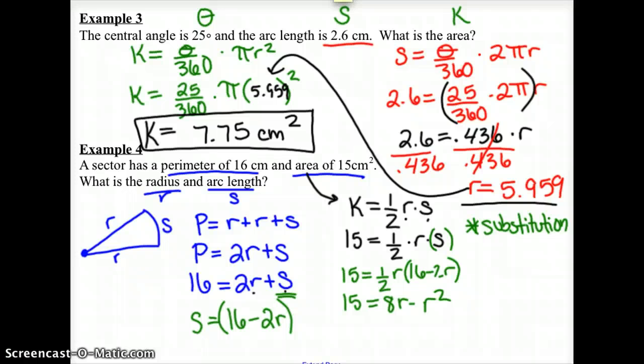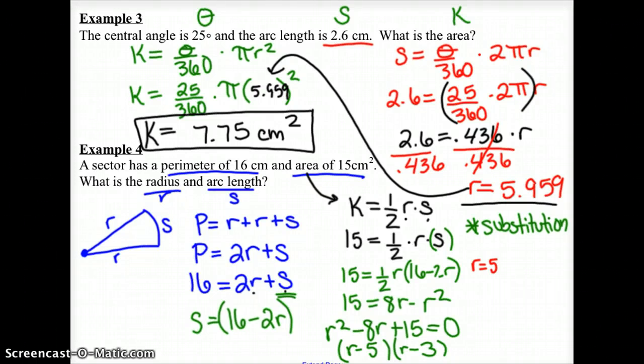So I'm going to add the r squared over, minus the 8r over, I have a positive 15, now it equals 0. If I factor this, I will have r minus 5 and r minus 3. Setting those equal to 0, that gives me the radius of 5 centimeters, and then the radius of 3 centimeters.